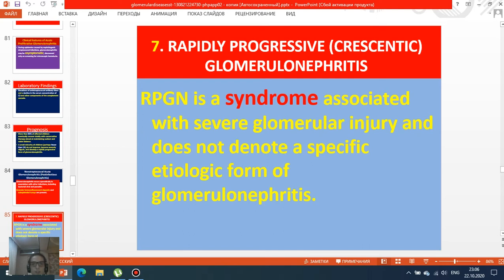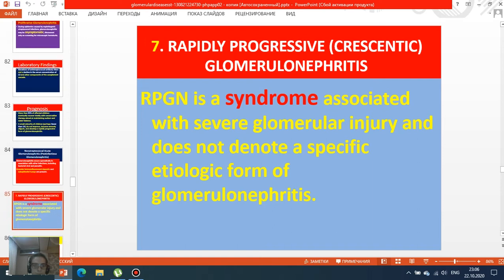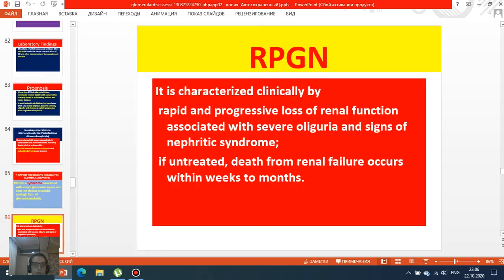Rapidly progressive crescentic glomerulonephritis is a syndrome associated with severe glomerular injury and does not denote a specific etiologic form of glomerulonephritis. It's characterized clinically by rapid and progressive loss of renal function associated with severe oliguria and signs of nephritic syndrome.